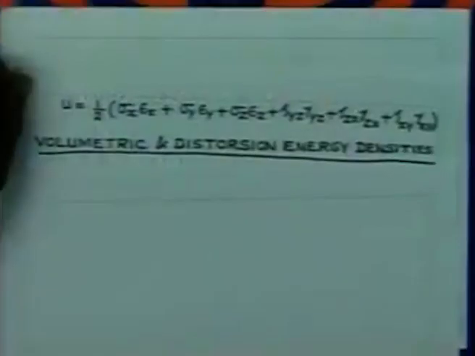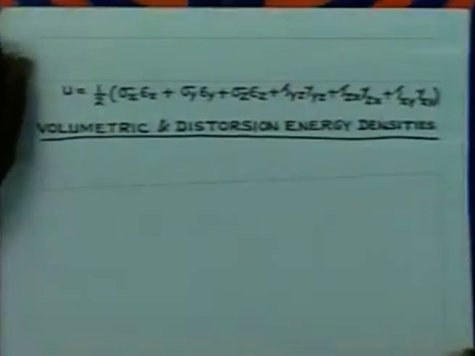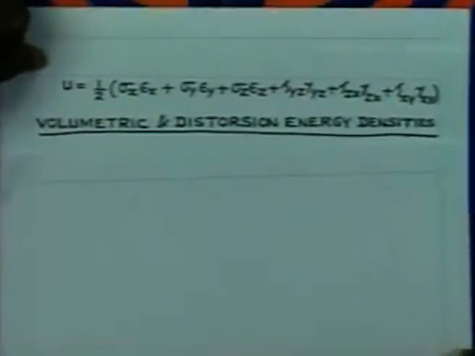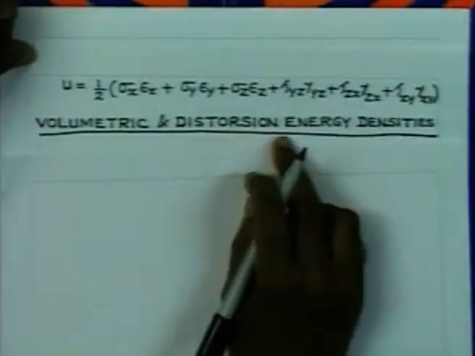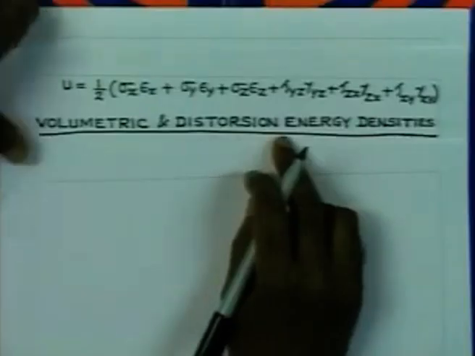So, they are volumetric and distortion energy densities. In fact, this corresponds to the hydrostatic component, or the volumetric or spherical component of this stress tensor, and this distortion energy density corresponds to the deviatoric part of the stress tensor.